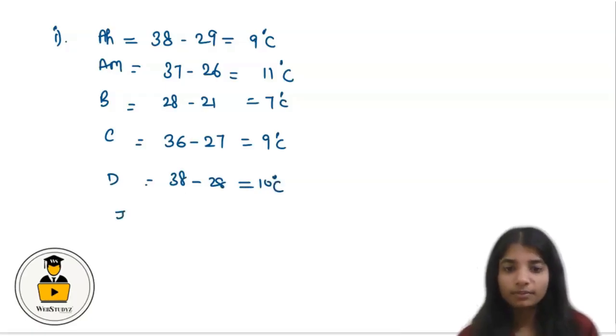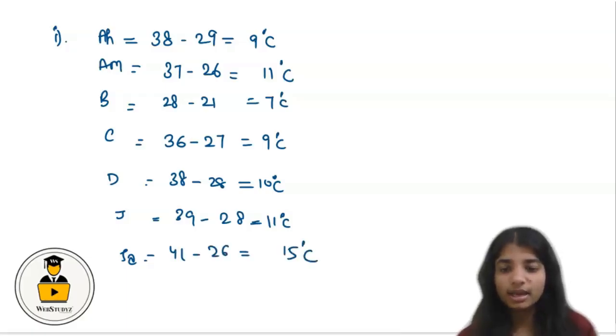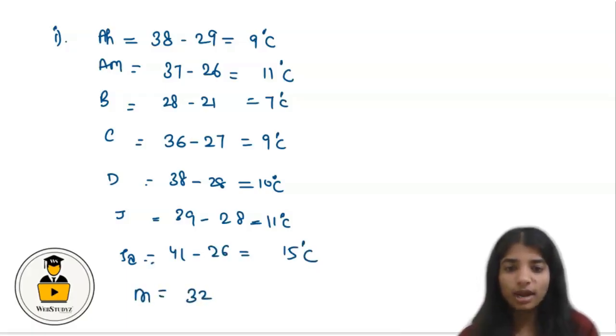For Jaipur, maximum is 39, minimum is 28. Difference is 11 degrees. For Jammu, maximum is 41 and the minimum is 26. So the difference from here is 15 degrees Celsius. And for Mumbai, maximum is 32 and the minimum is 27. So the difference is 5.